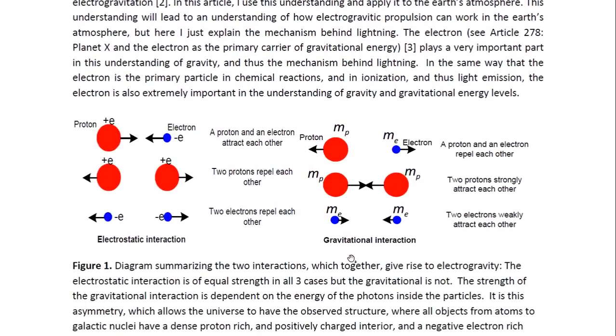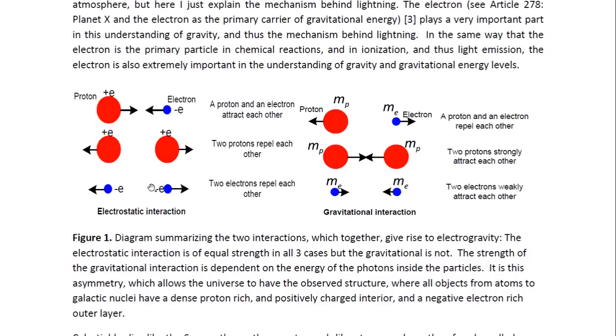Now, the theory of electrogravity is due to two interactions, the electrostatic interaction and the true gravitational interaction. And these interactions are similar and oppose each other. The electrostatic interaction causes protons and electrons to attract each other, two protons to repel, and two electrons to repel. The strength of the interaction is the same in all three cases.